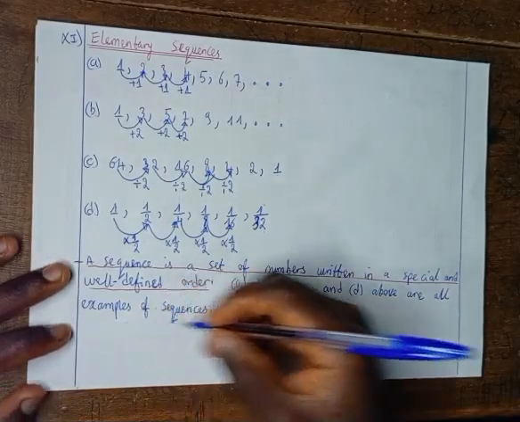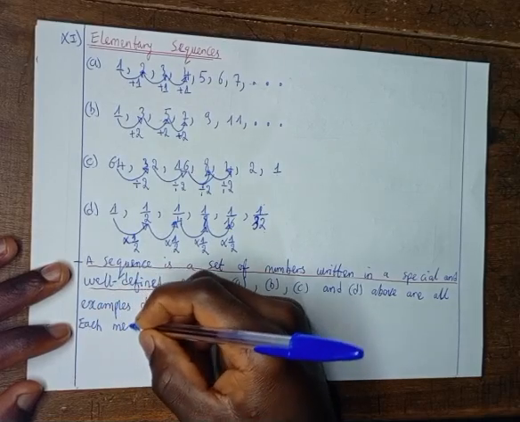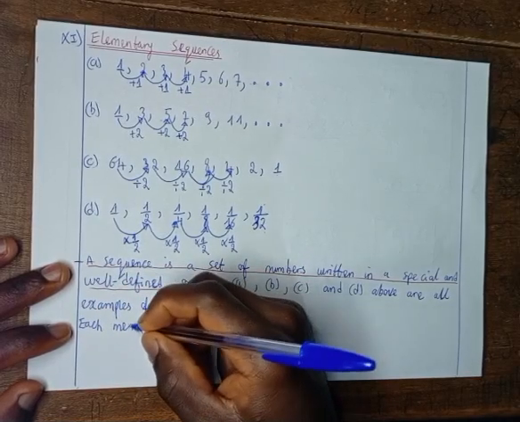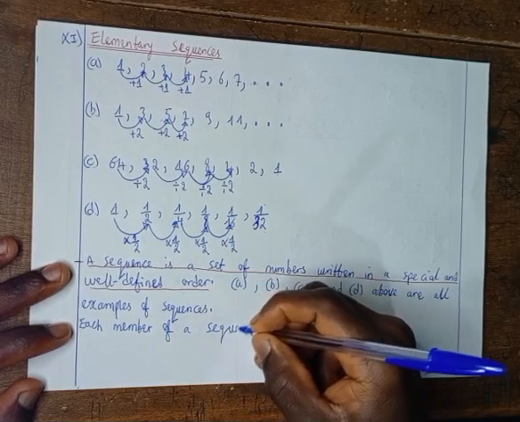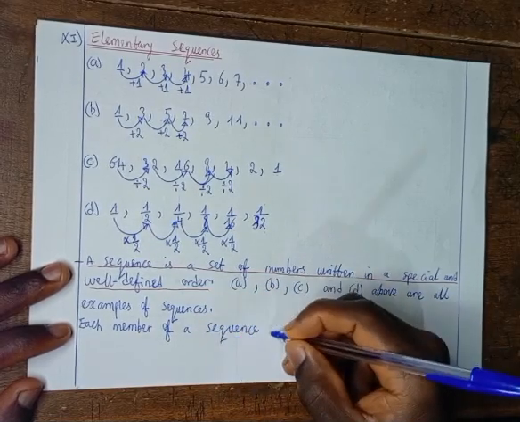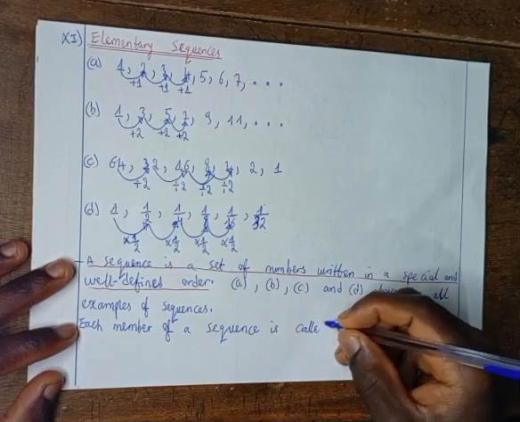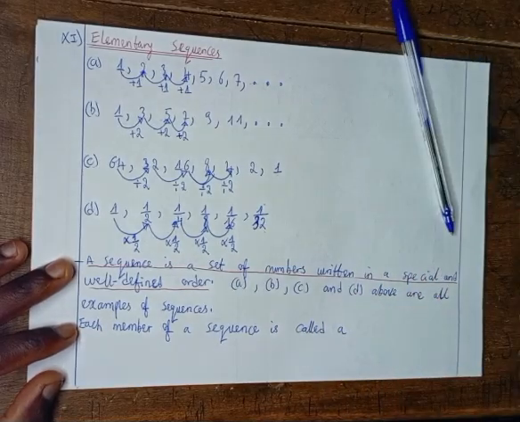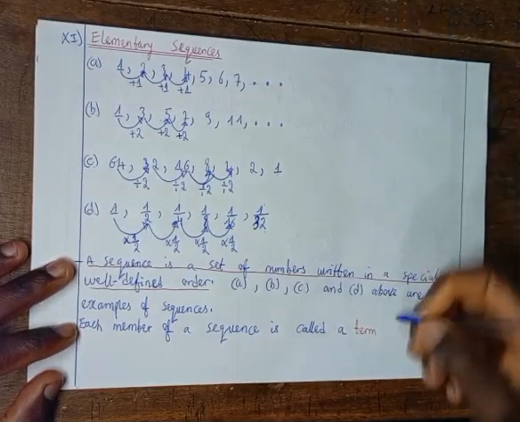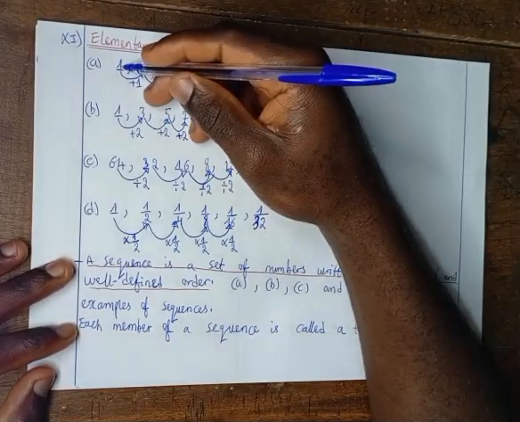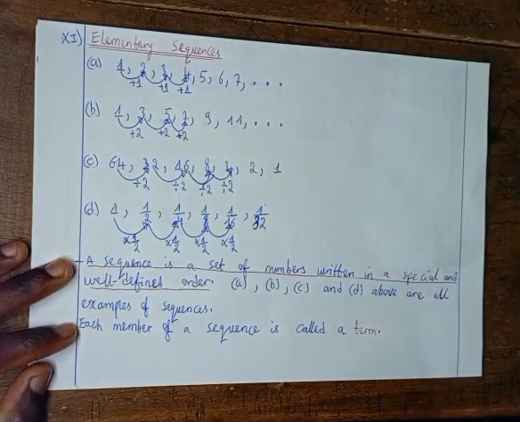Next, each member of a sequence is called a term. 1 is a term, 3 is a term, 2 is a term, 1/4 is a term.